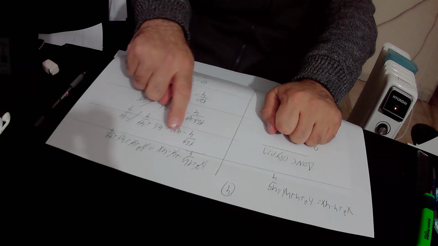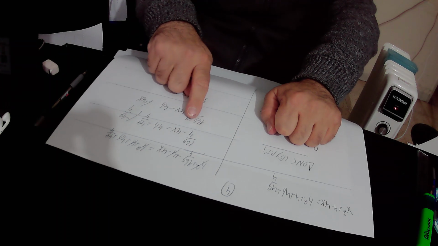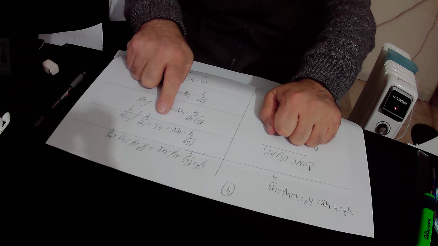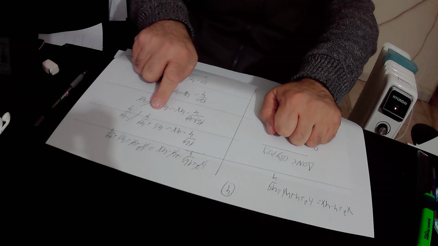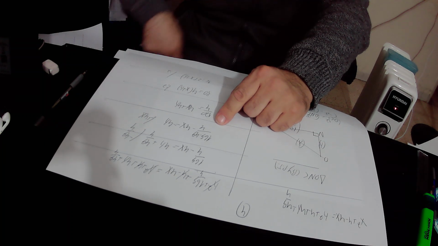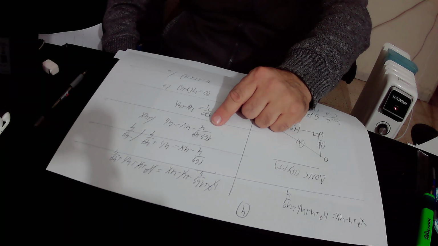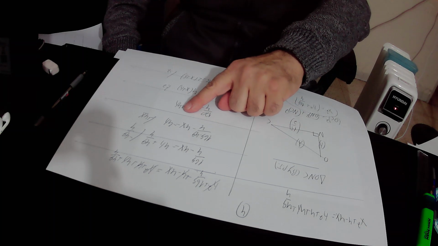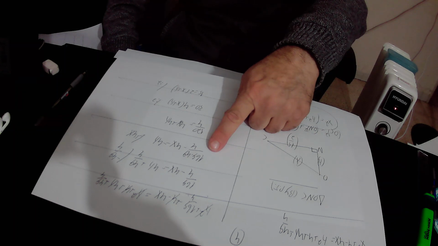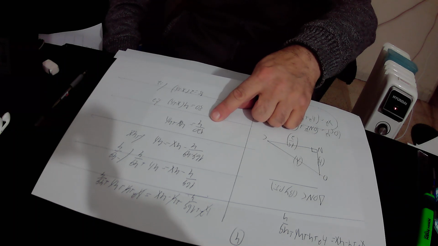On this side of the equation we are left with only 169 over 4 minus 4x. On the other side we have 4h plus 49 over 4. We subtracted 49 over 4 from both sides, so now 169 minus 49 over 4 minus 4x equals 4h. 169 minus 49 is 120, so in total this expression equals 120 over 4.